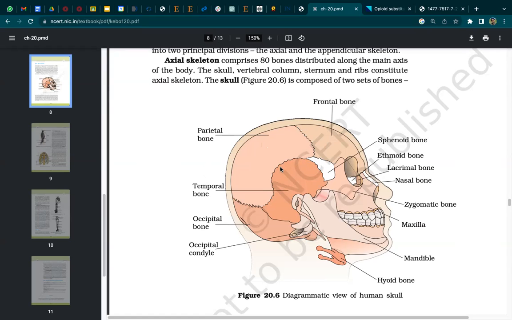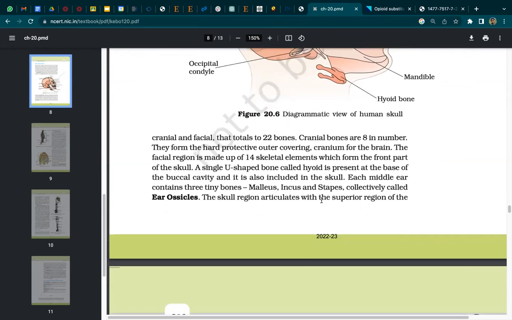We can't see it because there is skin on the top, there is a scalp, but that's the thing. These 8 bones harden over time after birth. And the face is made up of 14 skeletal bones. Total it becomes 22.